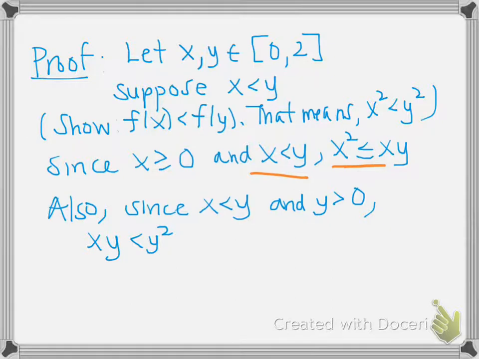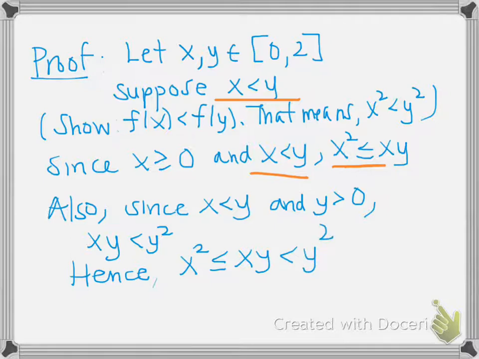So we sort of look at this inequality from both the perspective of x and the perspective of y, and that's how we get that. And so, by putting those together, we can say x squared is less than or equal to xy, which is less than y squared.